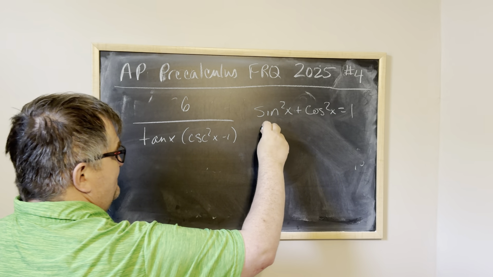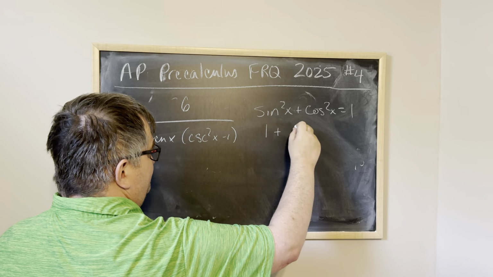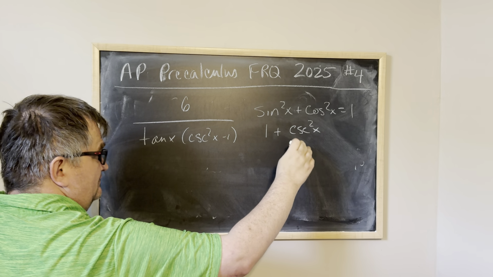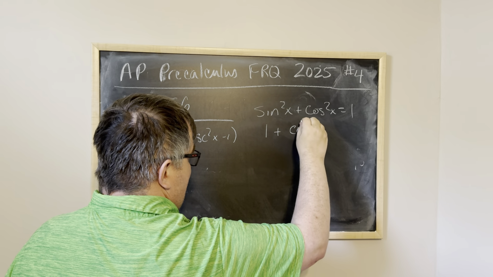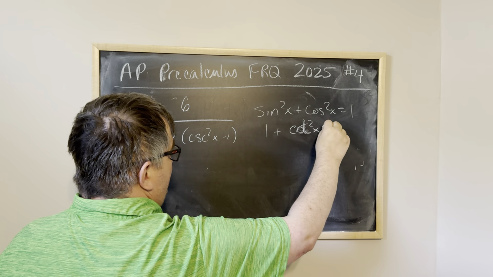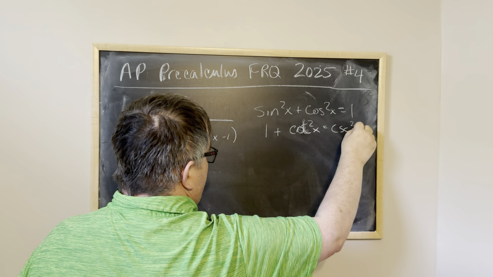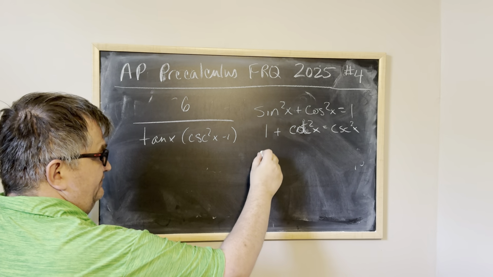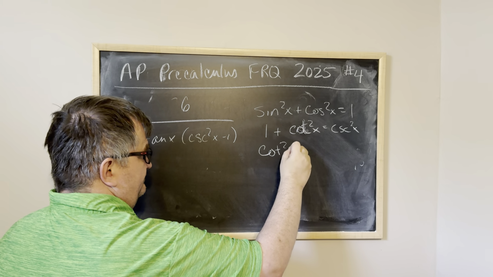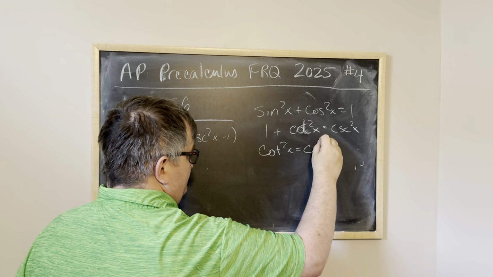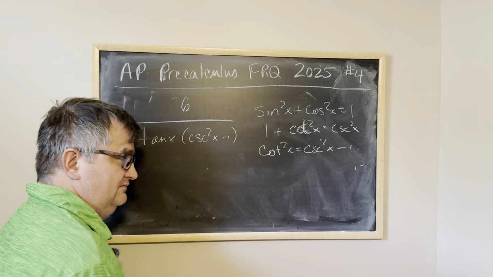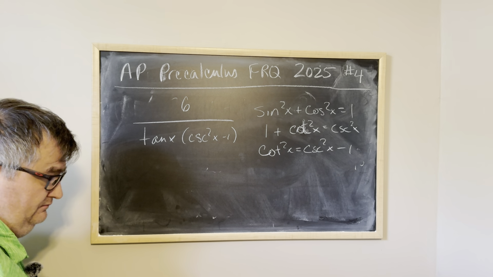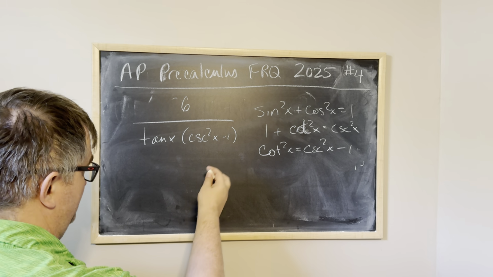I'm going to divide everything by sine squared x. That's its cotangent. Cotangent x. So notice that is that. But we know what that is. We know what this is.